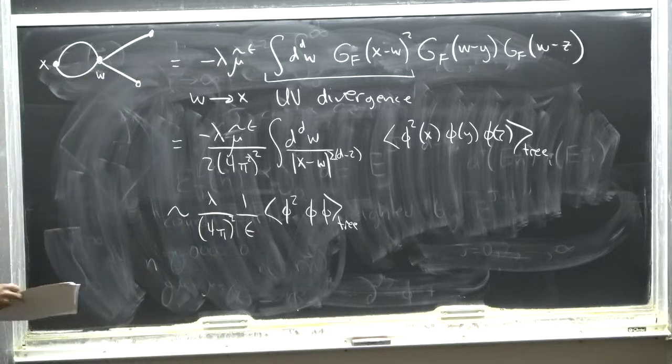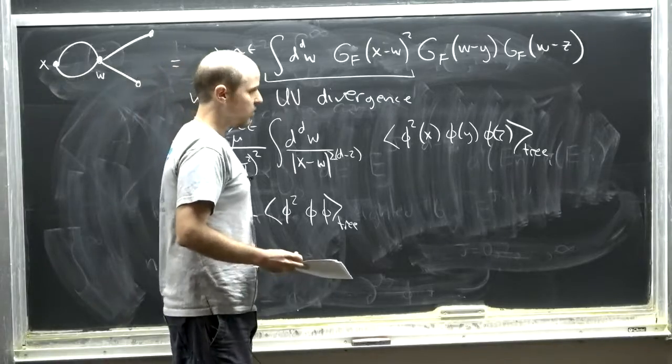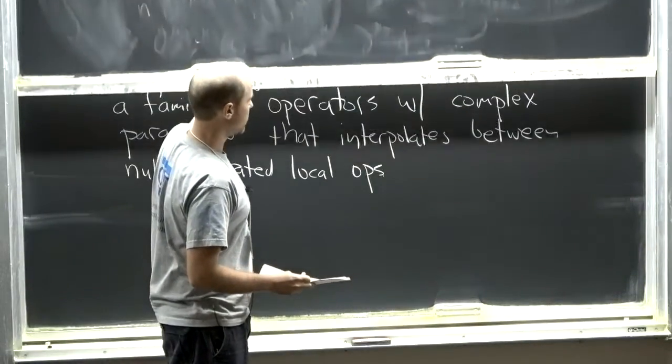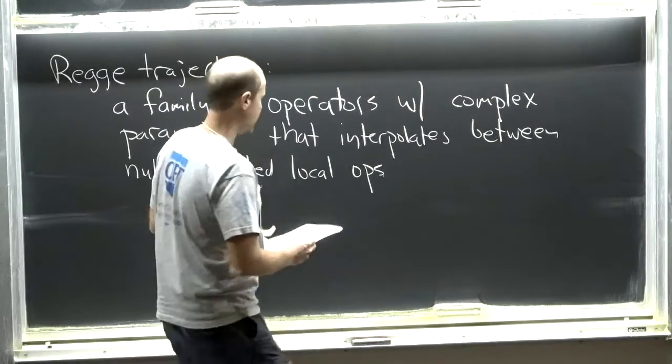Now again, the idea is that this UV divergence is a symptom of the fact that we're trying to measure the wrong thing. Phi squared is not a good observable in this theory. Instead, to access the good observables, we need to multiply by some factors that cancel the UV divergence and construct what are called renormalized operators.